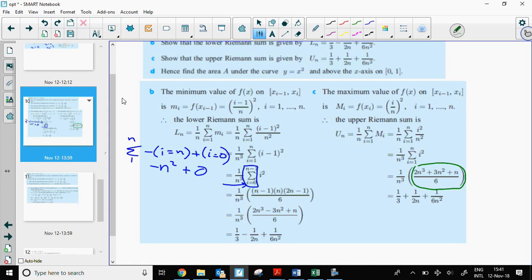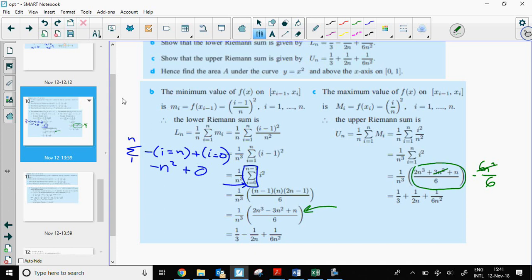If I then subtract n squared, oh, but I need to give it the same denominator, so I'll make that 6 over 6. Oh yeah, then 3n squared minus 6n squared does give me minus 3n squared. So that's how I could use the formula in that one. I'm sorry that I skipped over that at first. I did not mean to.